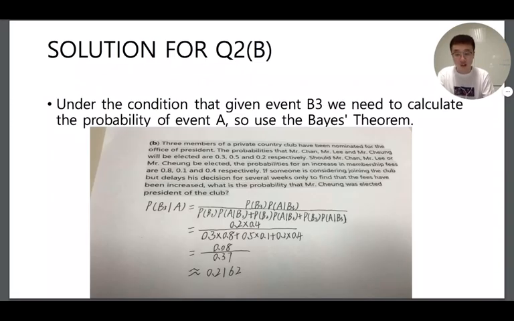So under the condition that given event A, we need to calculate the conditional probability of event B3. So we should use the Bayes theorem.